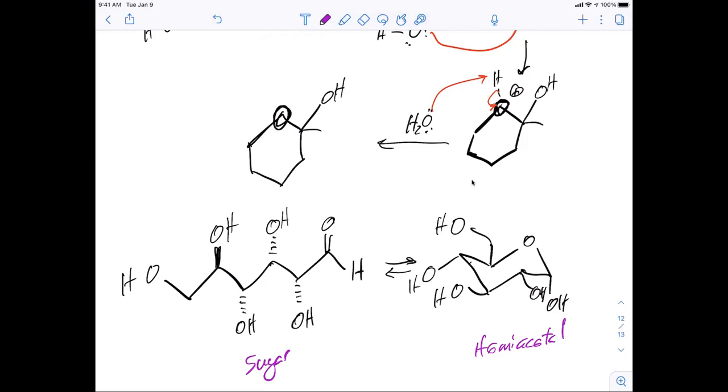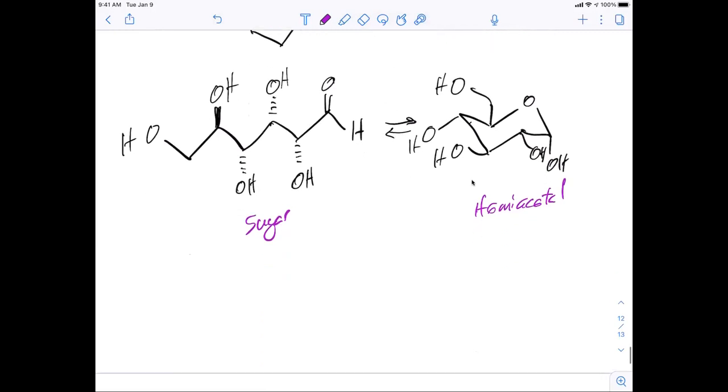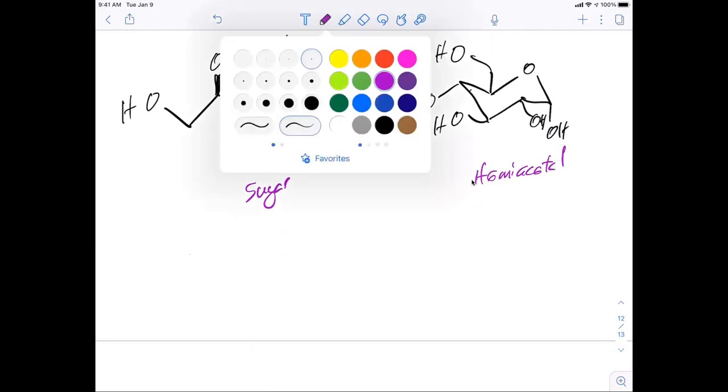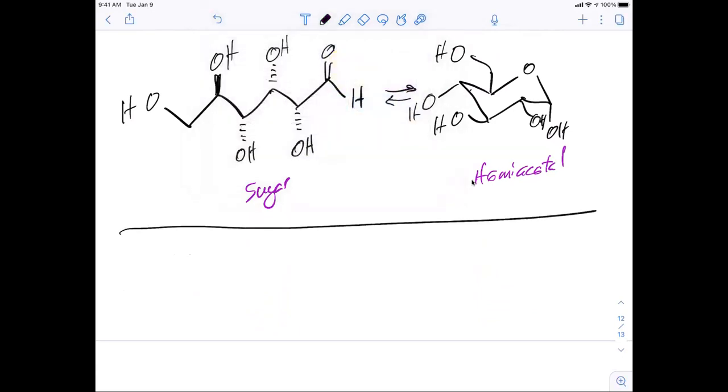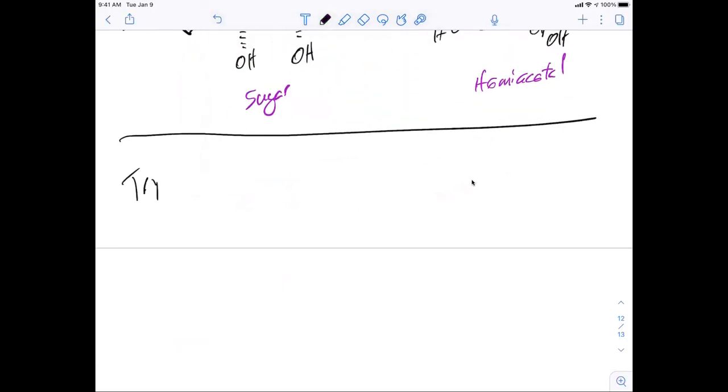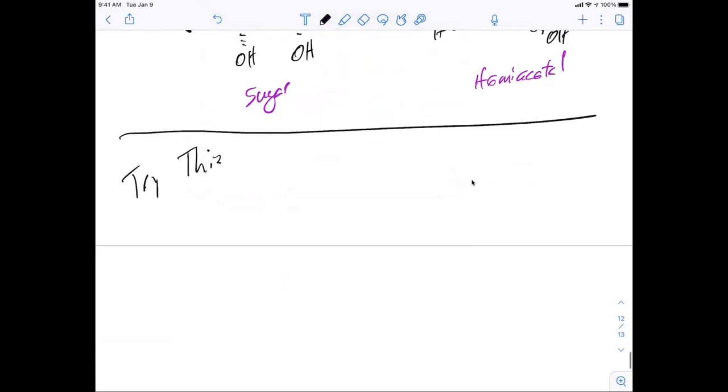Okay, questions about these? Okay, I was going to start nitrogen nucleophiles, but it's getting late. Let's try some practice on these. So let's try this, and then we'll start on nitrogen nucleophiles on Tuesday.